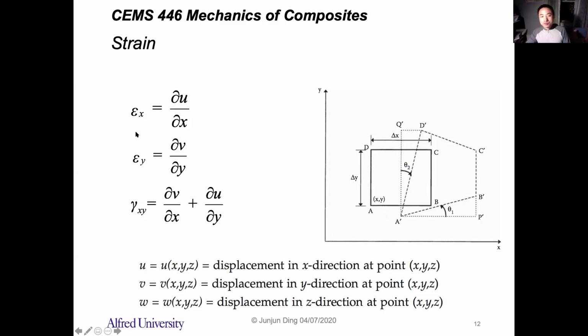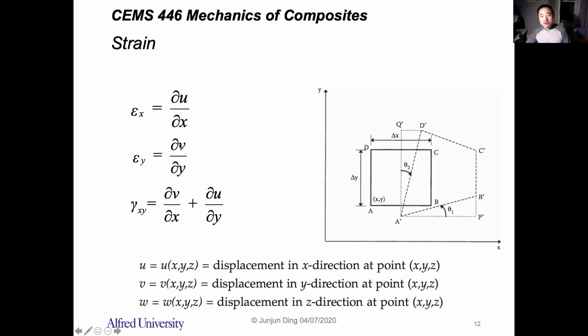So the normal strain in the X direction will be the partial derivative of U, which is the deformation in the X direction, over partial derivative of X, okay? So that's the deformation over the X. The normal strain in the Y direction is the partial derivative of V, the deformation in the Y direction, over Y, okay? So those are normal strains.